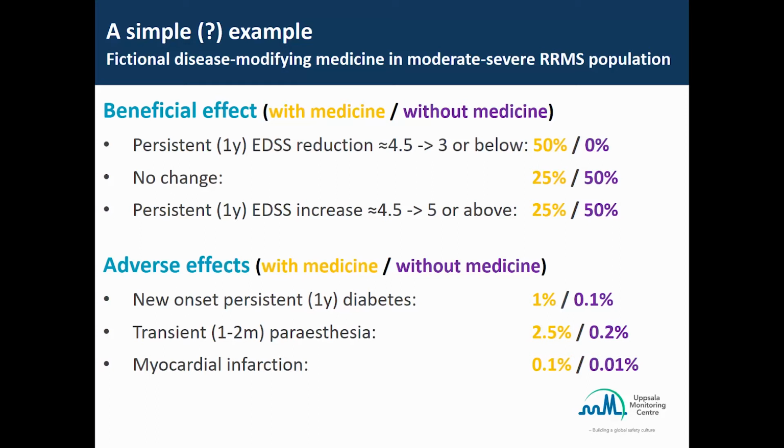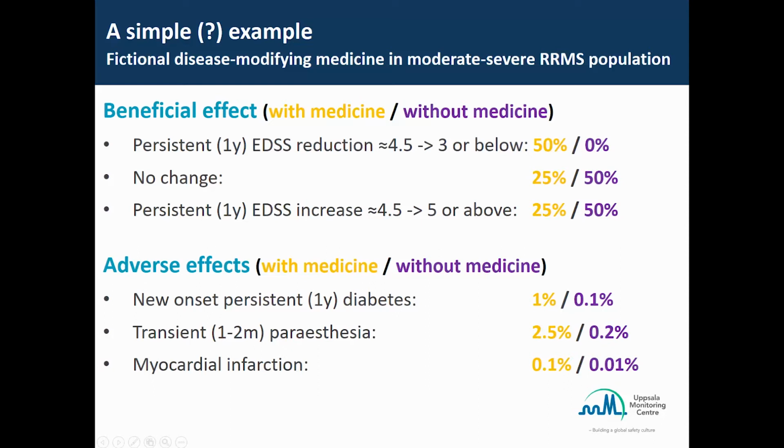So there is a lot of information here on this slide, but basically what you see in the upper part here is information on the beneficial effect, and down here is information on 3 specific adverse effects that we're considering. And frequencies that apply in patients treated with the medicine are given in yellow, as here, and frequencies for the non-treated patients are given in purple, here.